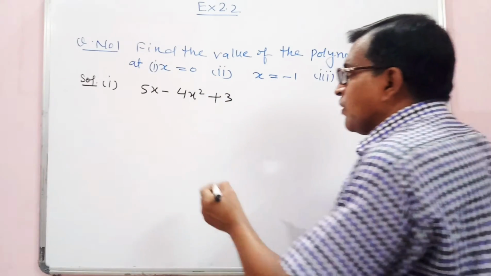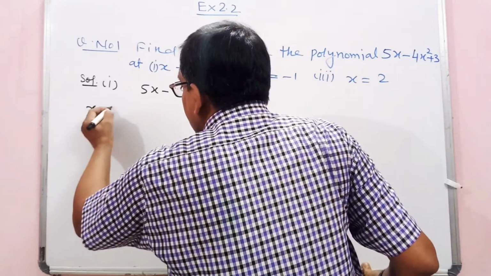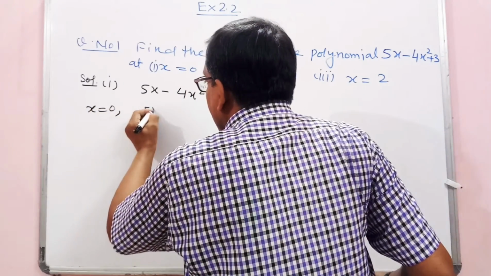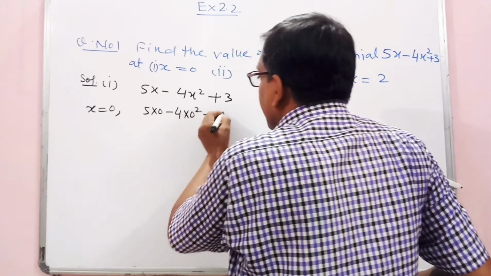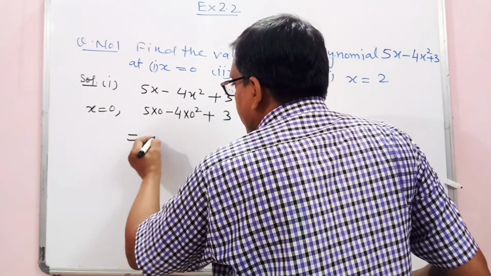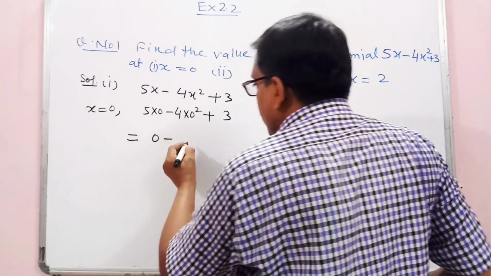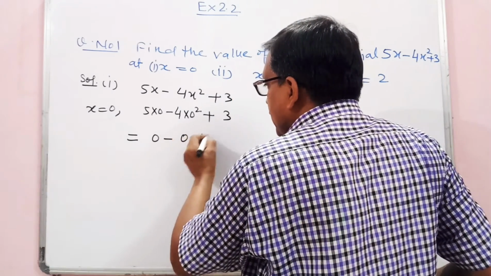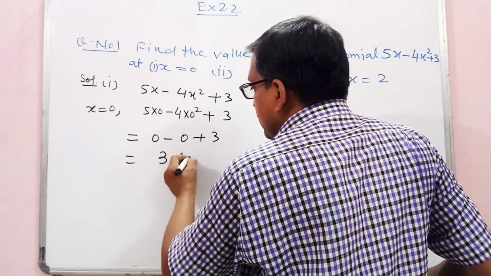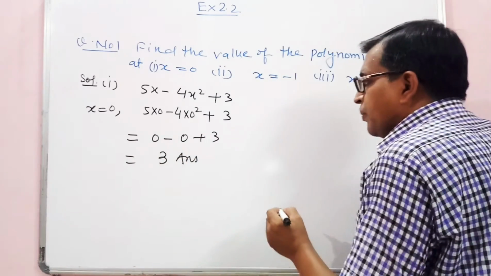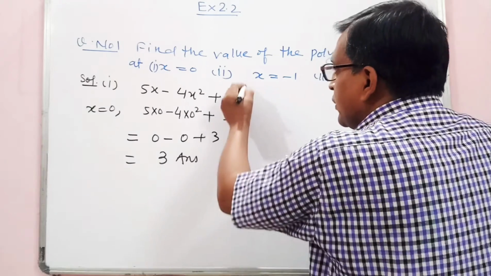Now here x equals 0, you put it here. 5 into 0, minus 4 into 0 square, plus 3. 5 into 0 is 0, 4 into 0 is 0, plus 3. Then 3 is the answer.